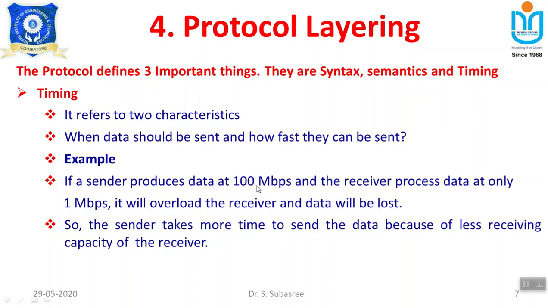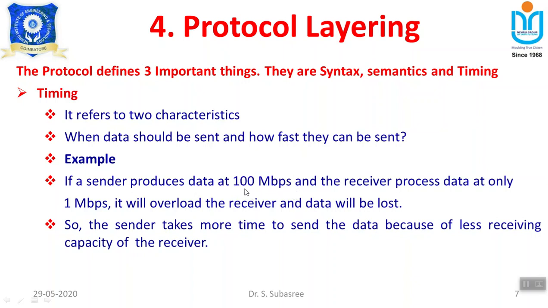To overcome this problem, the sender should identify the capability of the receiver. Based on the receiver's capability, it has to adjust the speed of the transmission. So it cannot send 100 million bits per second. It has to reduce this data transmission.